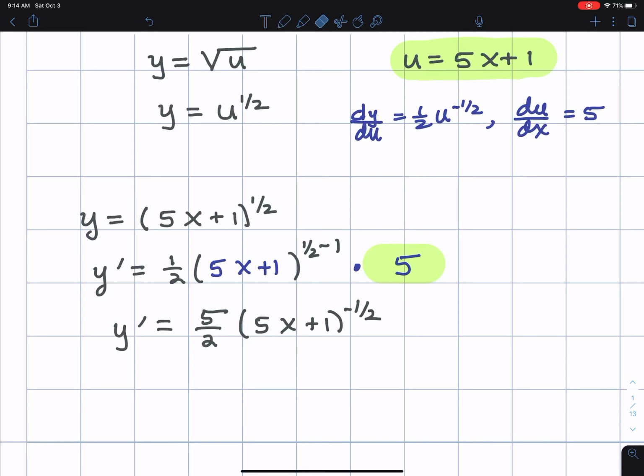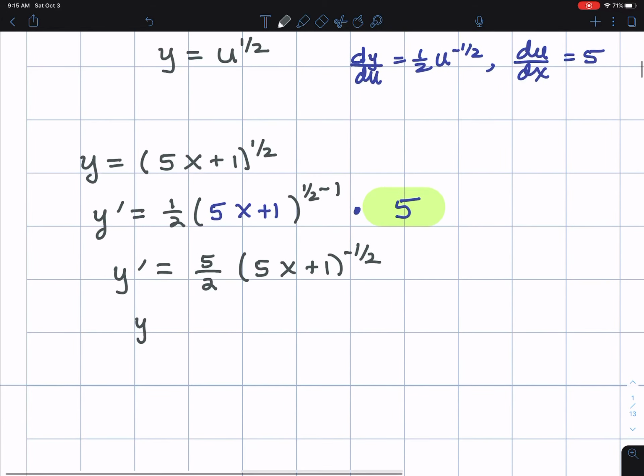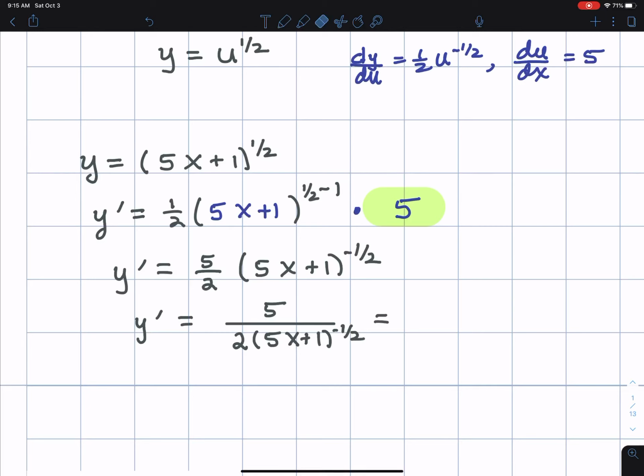With radicals, if I have a 1/2 power, it's common to rewrite that as a square root. But I like to see what the author does. I don't always require that at all. And I'm not going to do it if it's a 4th root or a 3rd root. Okay, I made a little mistake there. The fact that it's a negative power, 5x plus 1 to the negative 1/2, sends it down to the denominator if I want.